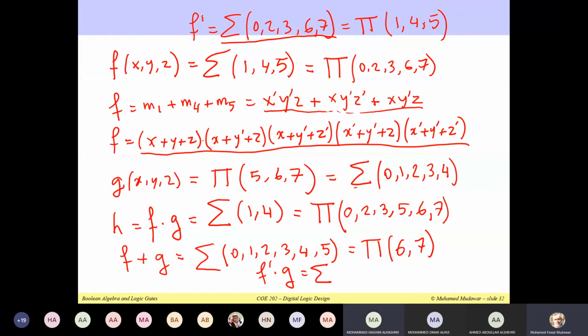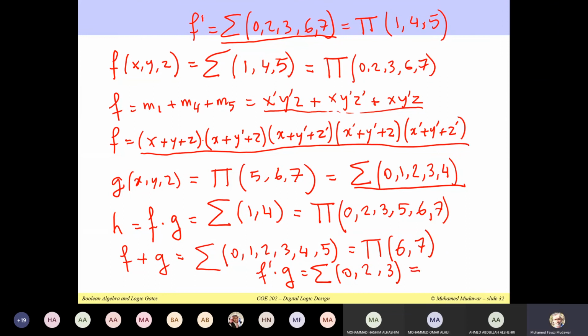Actually g has 0, 2, and 3. So 0, 2, and 3 are common. 1 is not common, 4 is not common, 6 is not common, and 7 is not common, right?